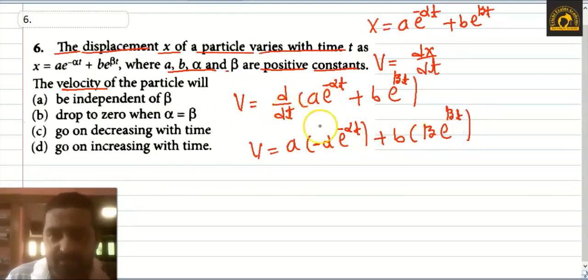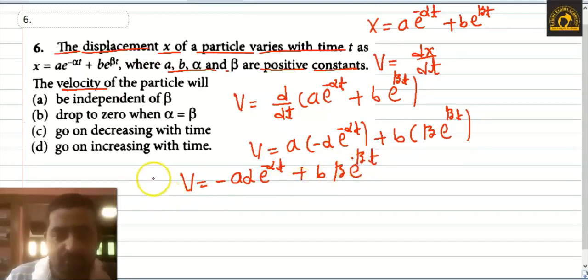This is the differentiation part. So the velocity is equal to minus a alpha e to the power of minus alpha t plus b beta e to the power of beta t. This is the final expression.